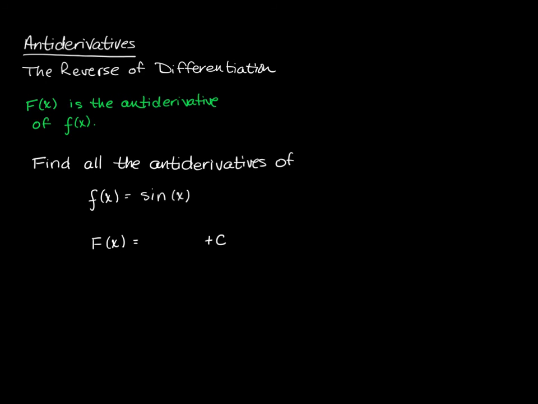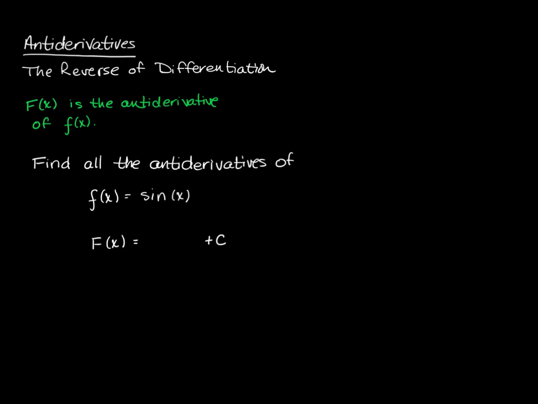Did you figure it out? The derivative of cosine of x is negative sine of x. You could think of negative sine of x as negative 1 times the sine of x. Likewise, you can think of negative cosine as negative 1 times the cosine.